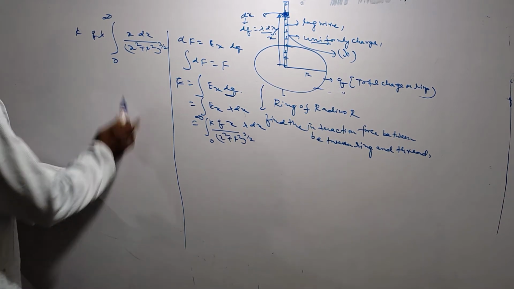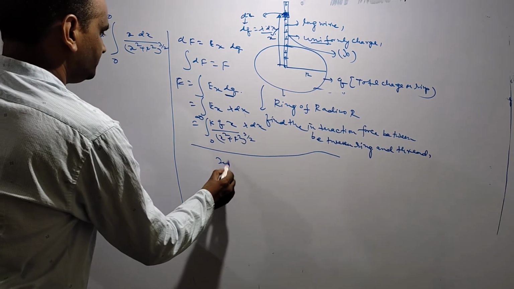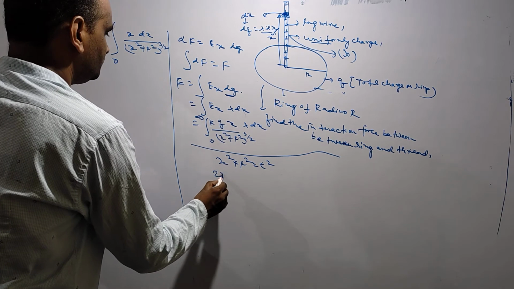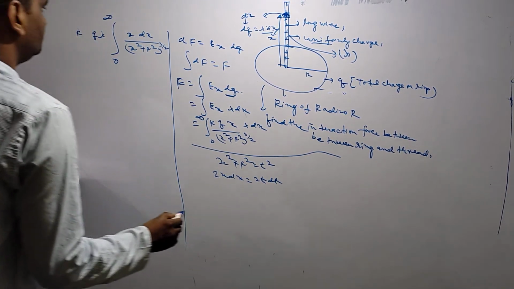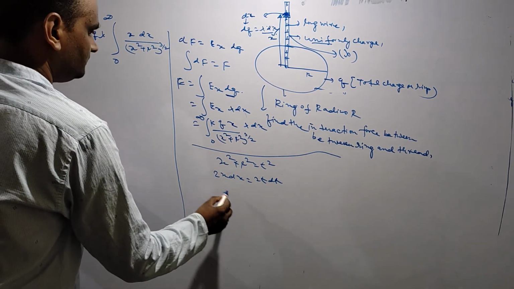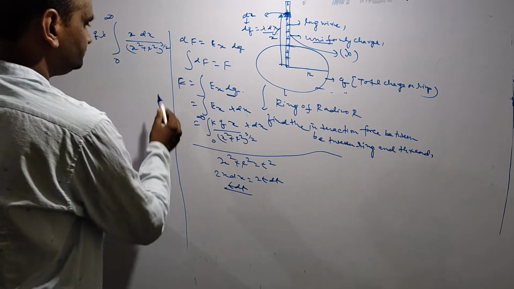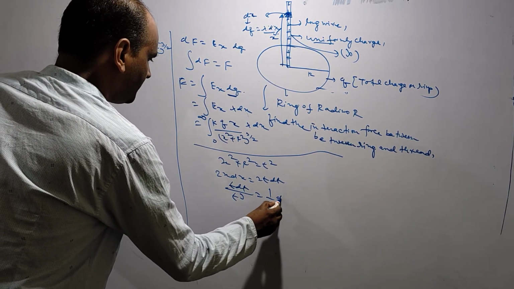So again we have done this. Why don't we do it in the rough? Let x square plus r square be t square, then 2x dx is equal to 2t dt. Now you can put here t dt by t cube, which is 1 by t square dt.